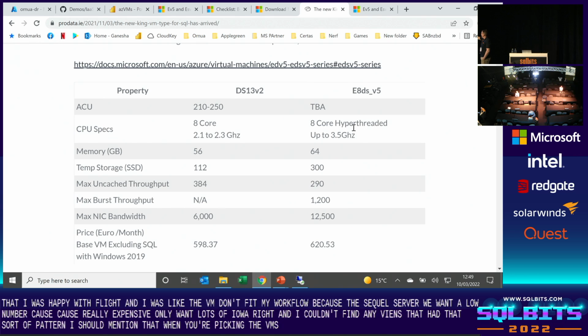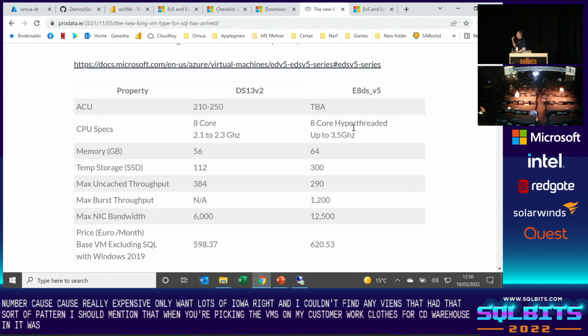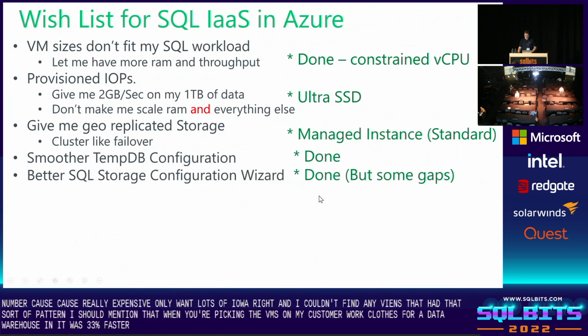So on an 8-core, it went from 100 gig on your temp storage to 300. But the key thing is it gives you the new burst capability and a higher cache throughput as well, right? And on my customer workloads for kind of data warehousing, it was 33% faster. So I'd highly recommend looking at that SKU.